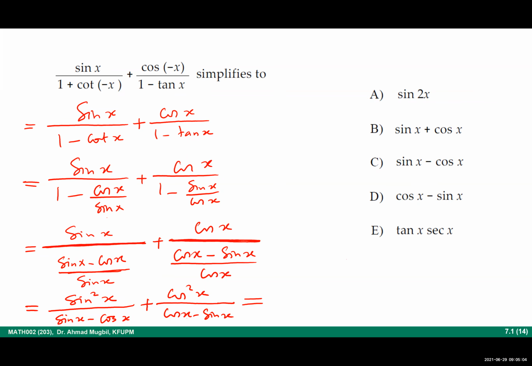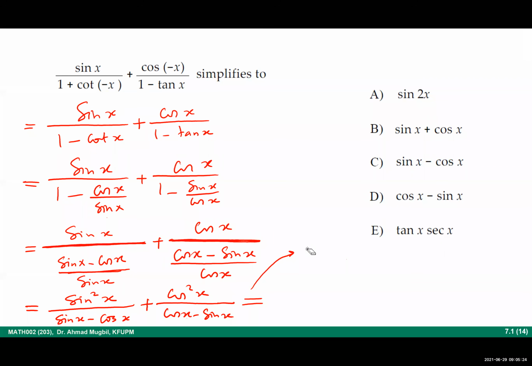Because here we have two fractions. Indeed, here we have sine x minus cosine x, and here we have cosine x minus sine x. You know that a minus b is the same as negative b minus a. We know that. So look what I will do.